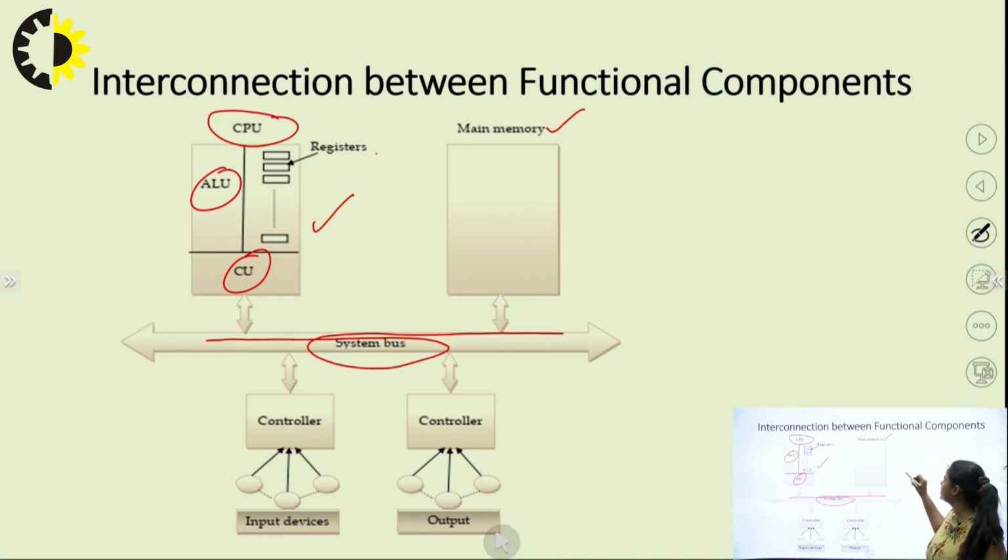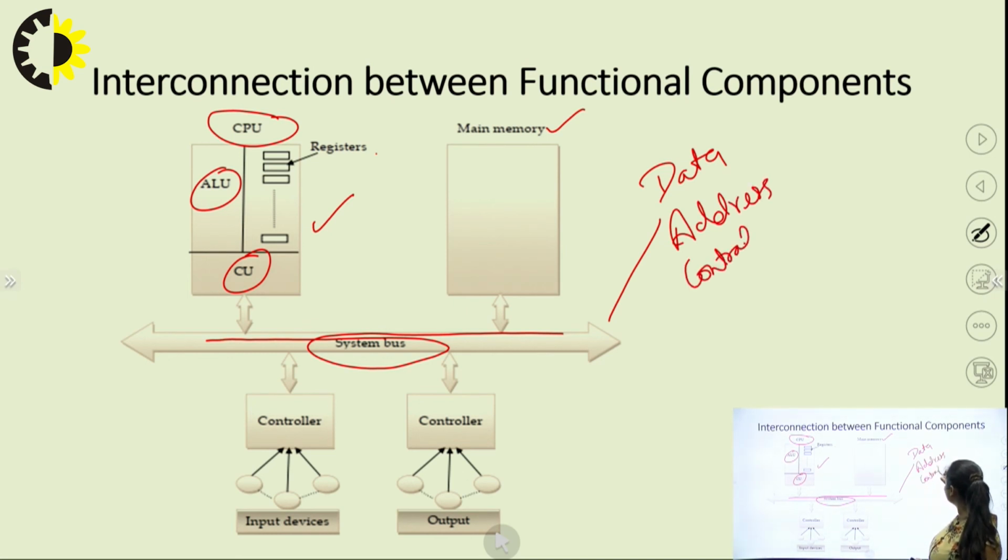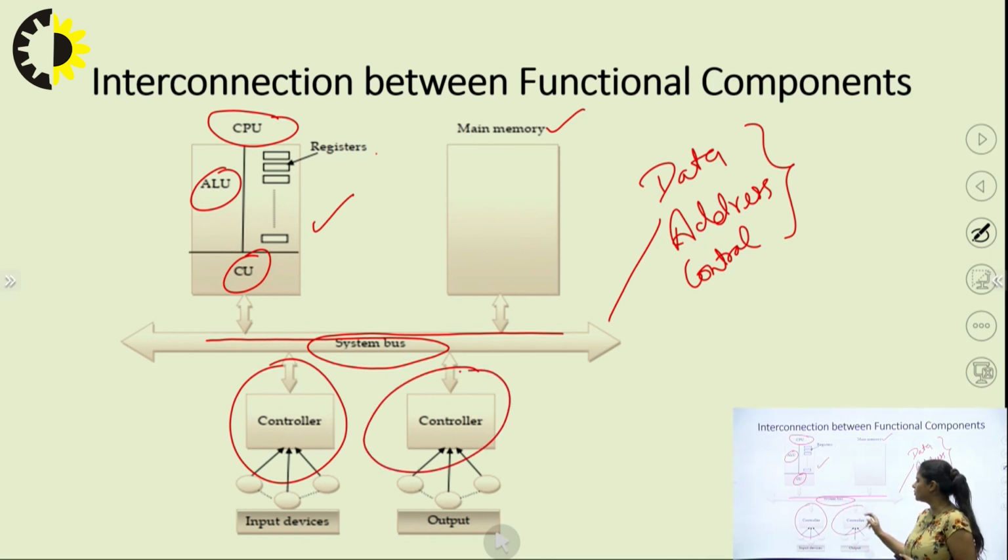The system bus is the combination of data bus, address bus, and control bus. The combination of these three buses we call a system bus. By the system bus, main memory, the CPU, and the input and output devices are connected with the help of controllers. So this system bus only provides the interconnection between all these components.